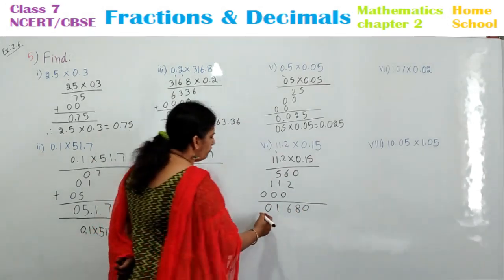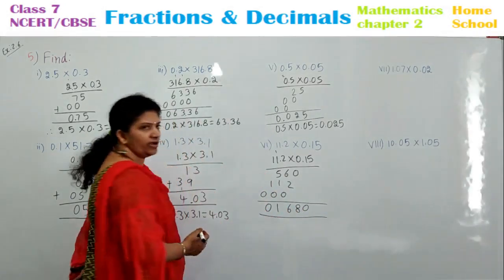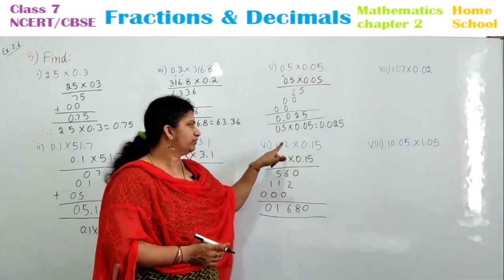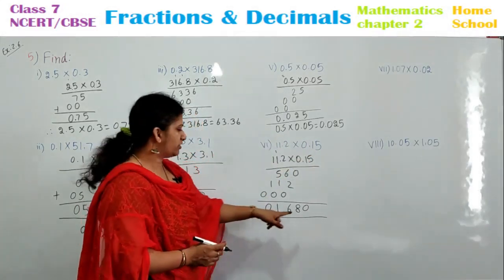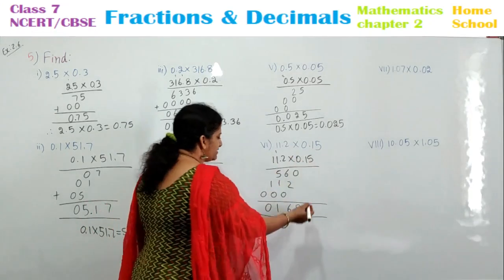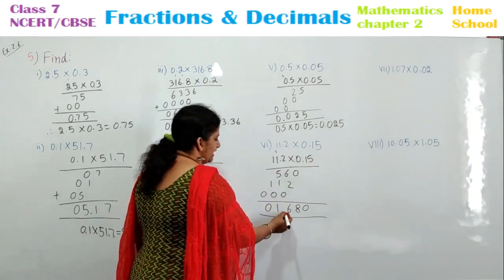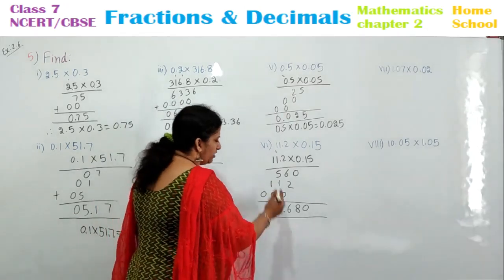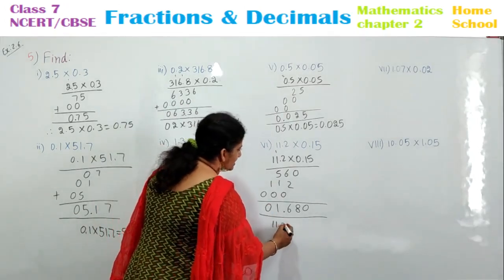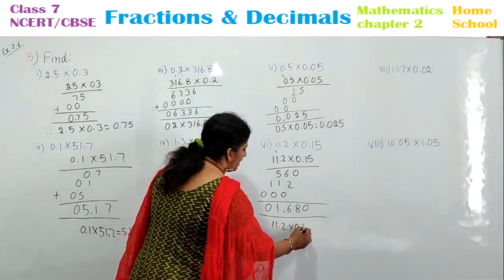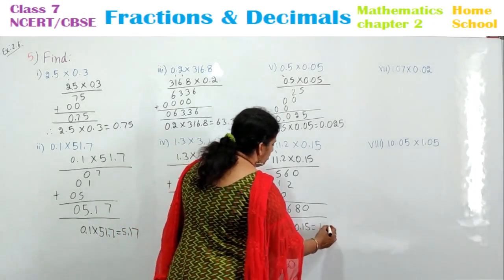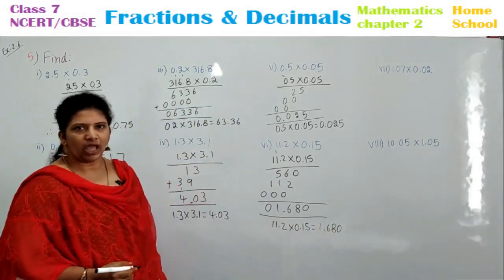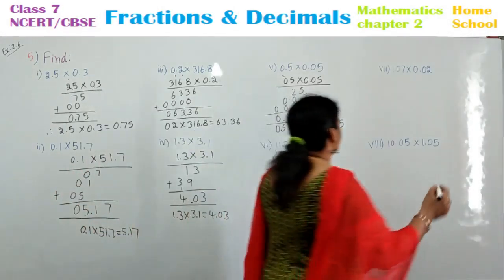Now I need to put the point here. Where shall I keep the point, children? See the decimal places after the point. 1, 2, 3. Right? So in your answer, from the right side, 3 values you just see and put a point. So here 0 doesn't have any value. Therefore, I will write it as 11.2 into 0.15 is equal to 1.680. Okay, so move to the 7th problem here.